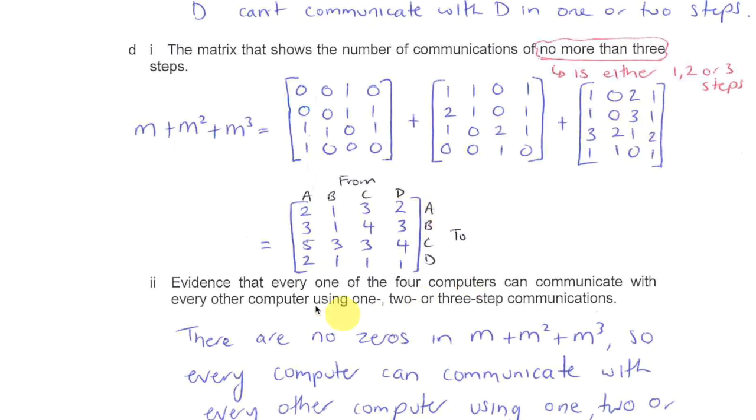If we add all of those together, we'll get this matrix. So this shows us everything, and you can see that in no position there is there a zero. So involving either a one step, two step, or three steps, we can start from anywhere and get to anywhere.